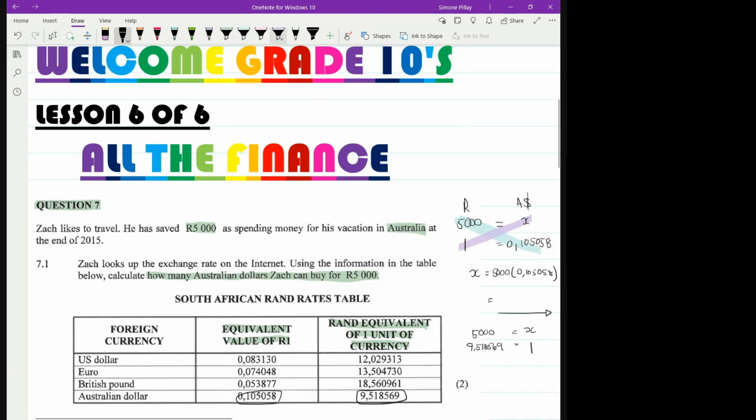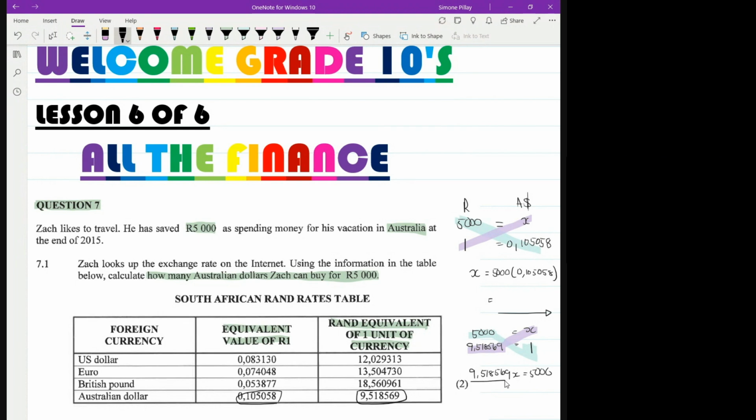And what you would have gotten is 9,5 times x is equal to 5,000 times 1, which is just 5,000. Let me actually put x on the side. No, what am I doing? That's a 9. So 9,518569 times x is equal to 5,000.